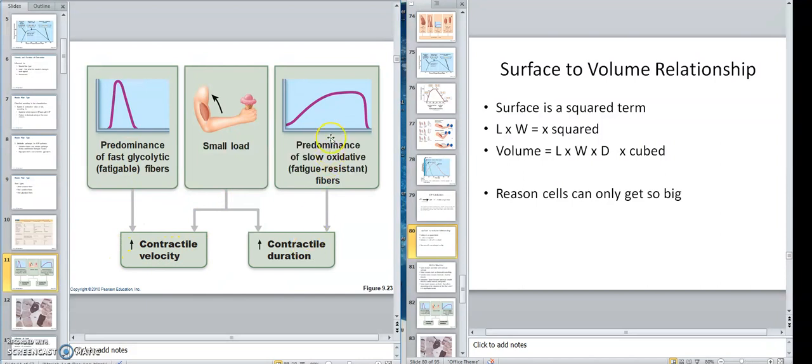Endurance, though, is on this side, predominance of slow oxidative. So faster velocity here. But as I start moving across this scheme, that means if you have a big load, your velocity is slow. Big load, your velocity is slow. All right? And it's going to take a while to try to lift it. So you can kind of think on those things.